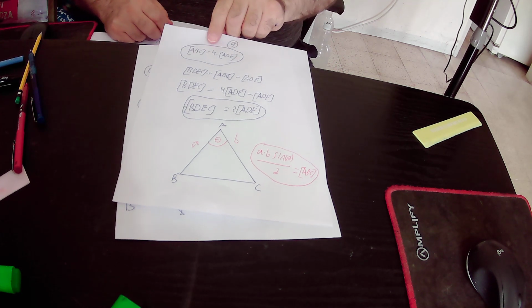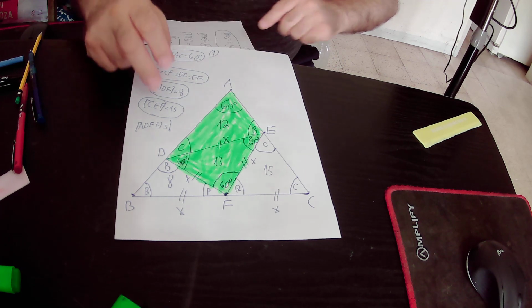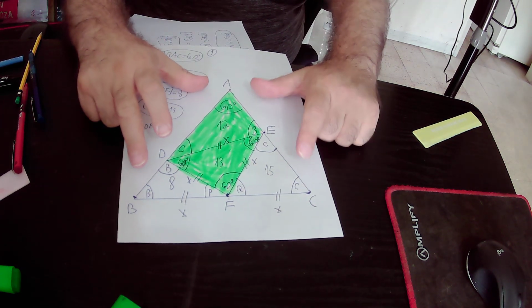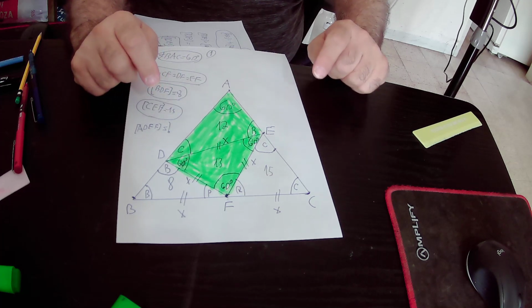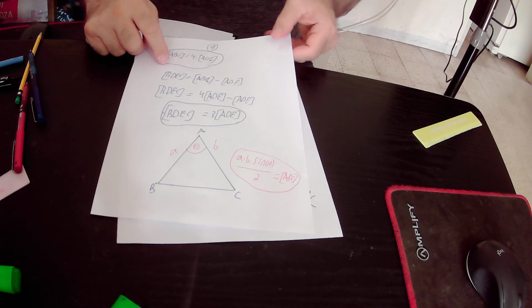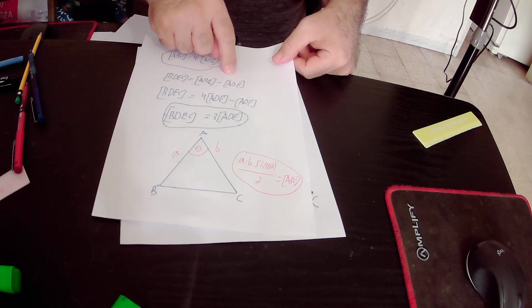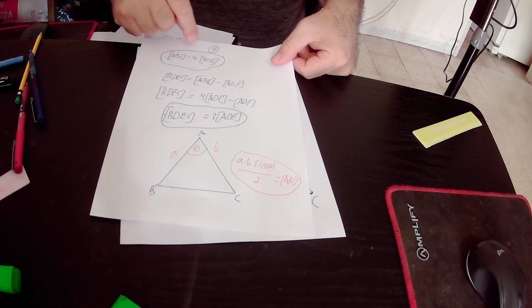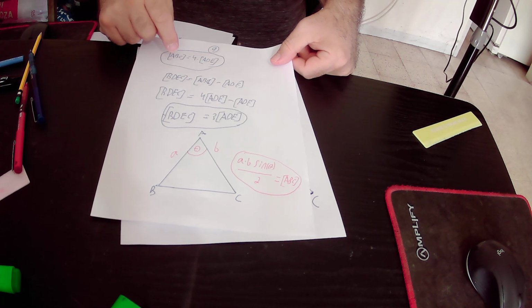Then we found out the area of quadrilateral DBEC. The area of quadrilateral DBEC equals the area of triangle ABC minus the area of triangle ADE. But we have already found out that the area of triangle ABC equals 4 times the area of triangle ADE.